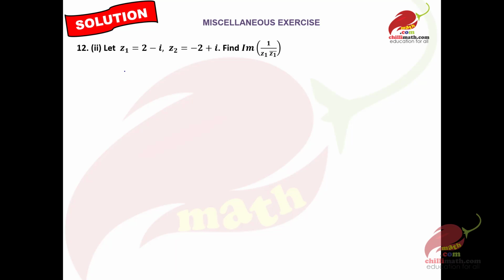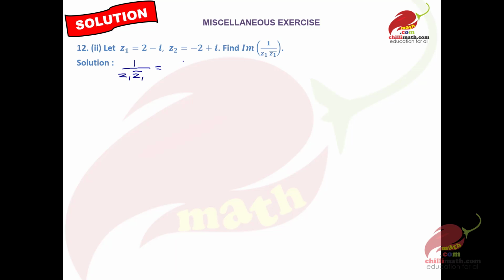Next is second part. Let z1 is equal to 2 minus iota, z2 is minus 2 plus iota. Find imaginary part of 1 over z1 into z1 conjugate. So first of all, let us find 1 over z1 into z1 conjugate.